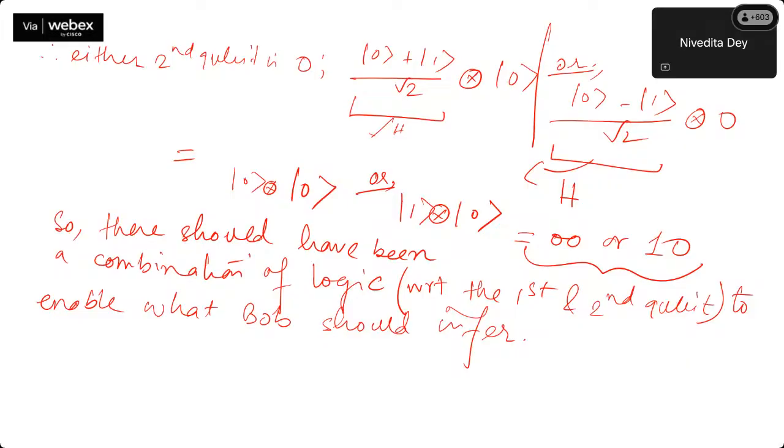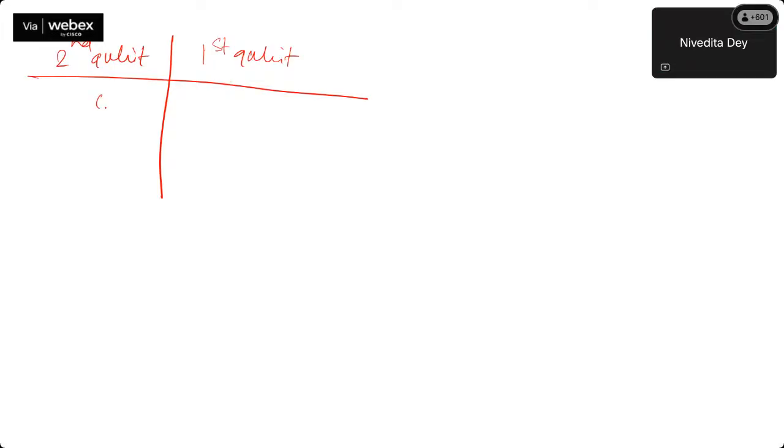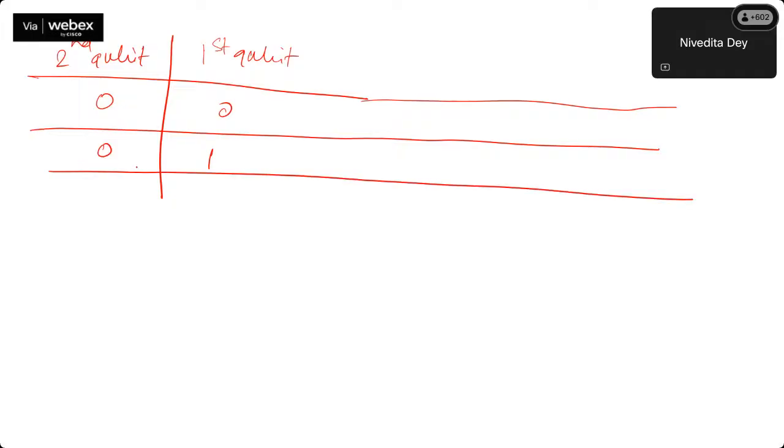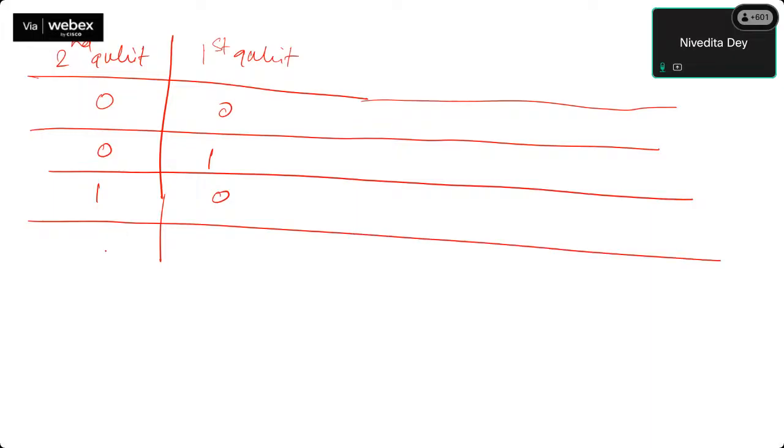Okay, so the logic can be interpreted from this. Say I have a second qubit and a first qubit, and it can be 0 0, 0 1, followed by 1 0 and 1 1.